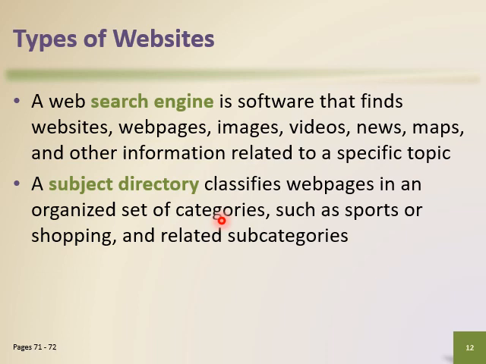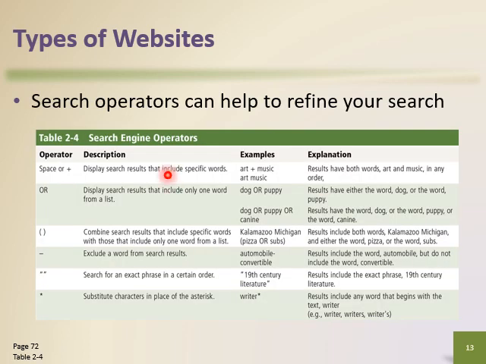You can alternate the spellings to find it out. And you can use various search operators to refine your search. For example, if you use plus, minus, double quotes, it will help you in refining your search.